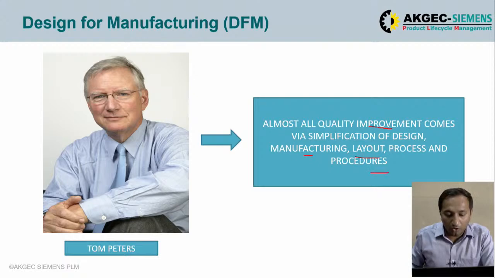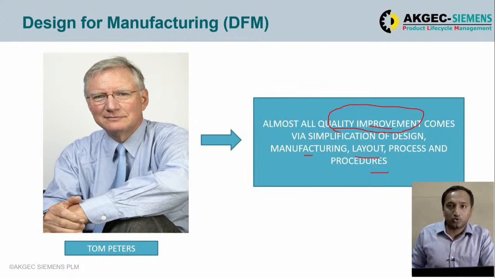Meaning, if we want to improve the quality of a product, we only have to simplify its design, choose the right manufacturing processes, and decide the layout and procedure for using them. So if we can govern design and manufacturing, which are the main aspects, then we can improve the quality of the product. This was said by Tom Peters, who is also known as a prominent figure in design for manufacturing.